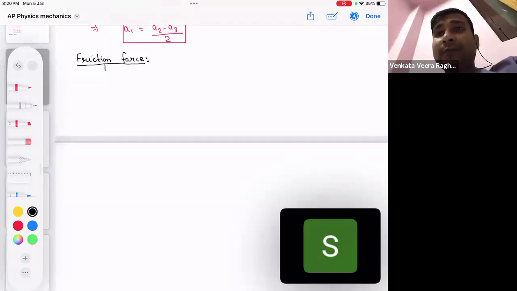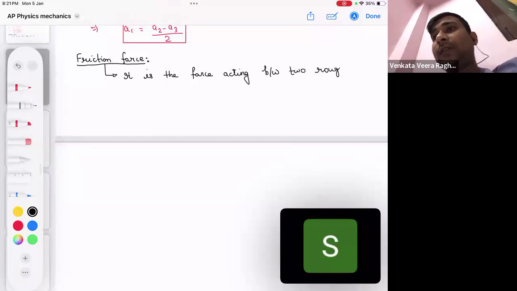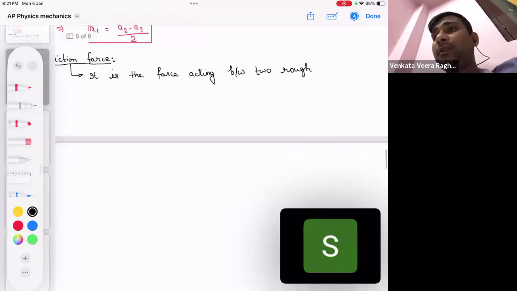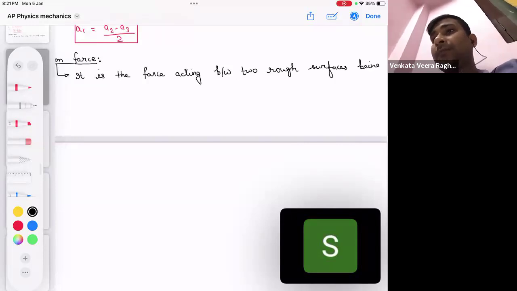So what is a friction force? It is the force acting between two rough surfaces being in contact.